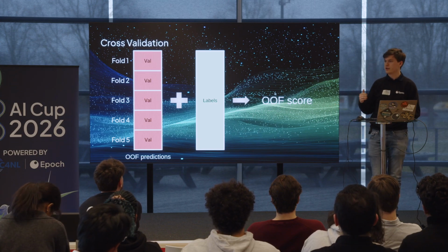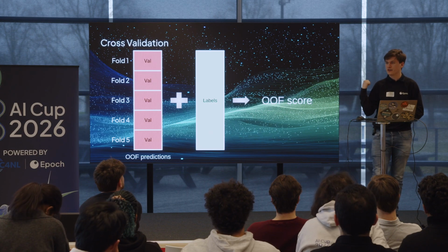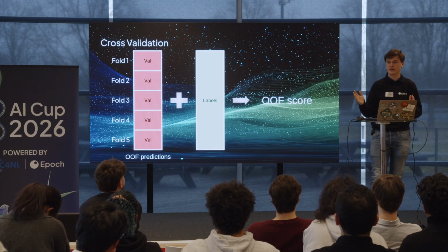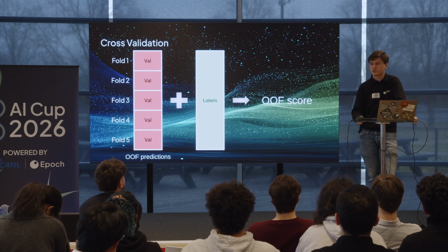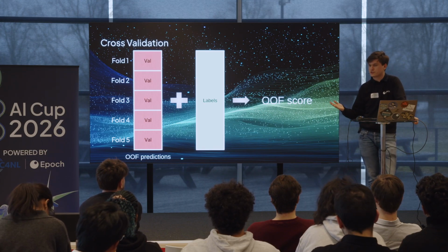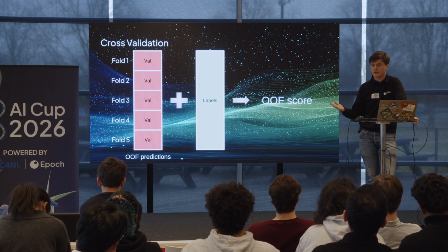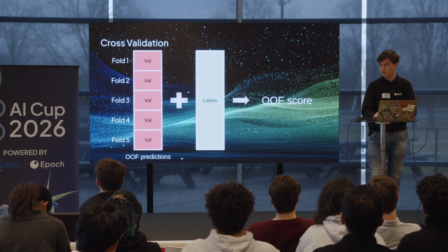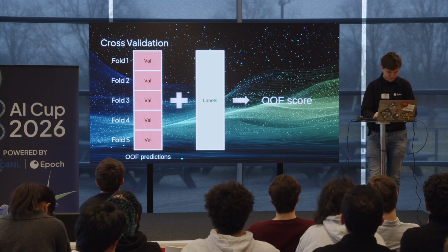So if you optimize this locally and then make a submission, in theory, if this is higher, then your leaderboard score will also be higher. Provided you don't have any weird data leakage problems, where your training set actually knows things about the validation set, which could be a problem here or not, depending on how you set up your pipeline.